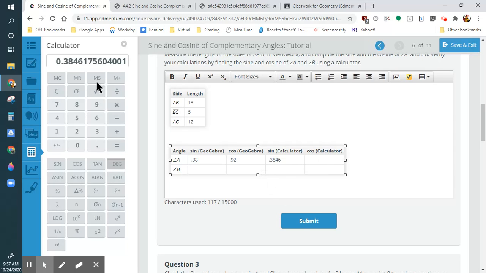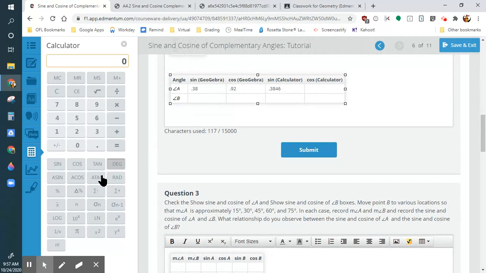Now we want to do the cosine of the other angle, so we're going to clear this, and we're going to do, what is it? The angle is 22.62. So we're going to do 22.62, push the little cosine button, and we get 0.923.